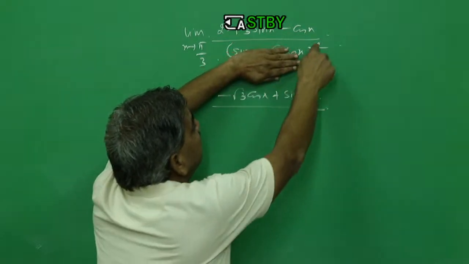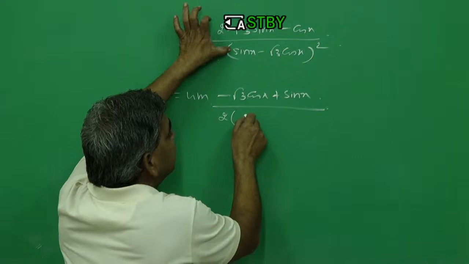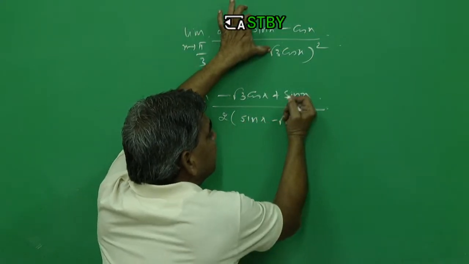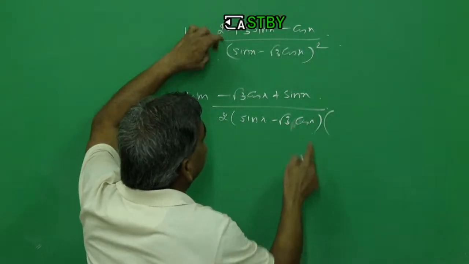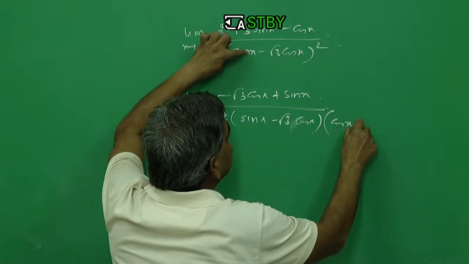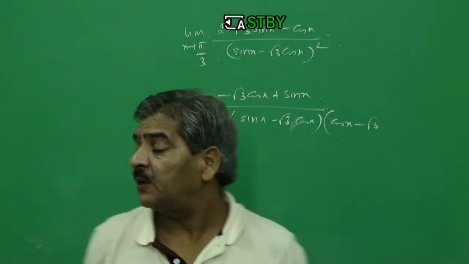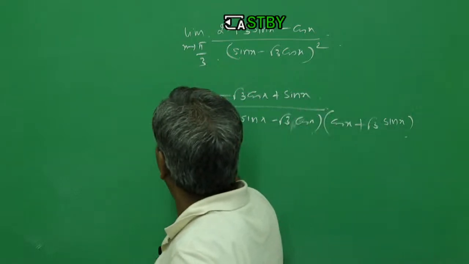Calculate derivative of index first, shift index as multiplier, keep base as it is. Next, subtract 1 from index, multiply by derivative of base, sin of x की ड्यूटी cos of x minus root 3, derivative of cos of x is minus sin of x, that is plus sin of x. X tends to pi by 3.